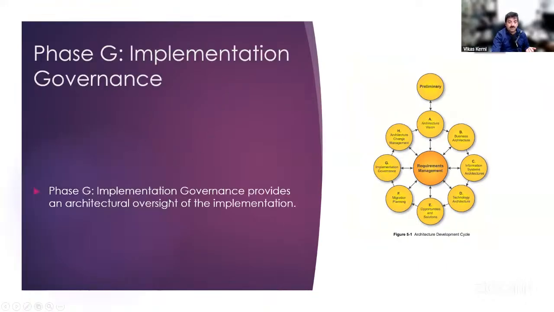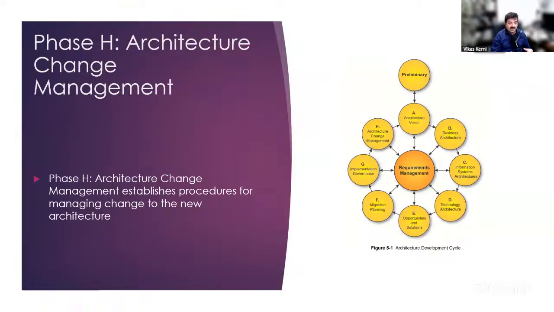So you have to put governance methods in place so that you are overseeing the development. Whatever your architecture vision is, you have to make sure that it is being implemented. And once your architecture is built and deployed, there will be changes.